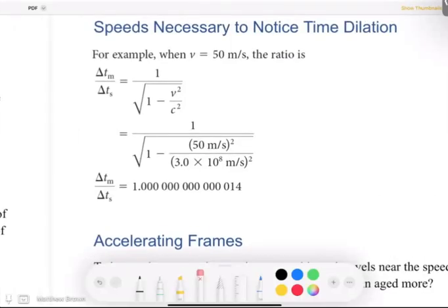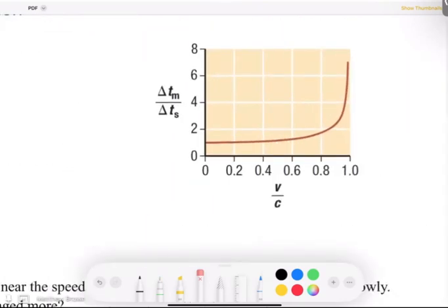So understand this is the real equation, but generally you can kind of forget it when you're dealing with regular speeds. And I just copied this diagram from a textbook that shows you what's really necessary. Take a number like even 0.2, just 20% the speed of light. The difference you can see here is pretty minuscule. Like Tm over Ts is still pretty much 1.